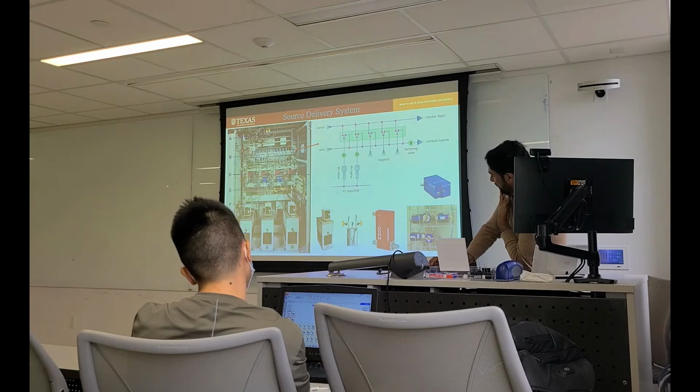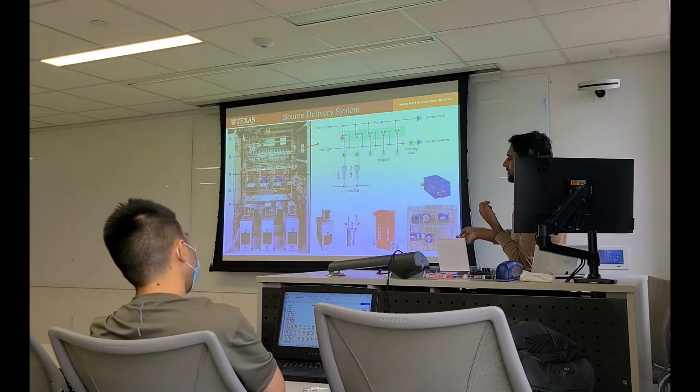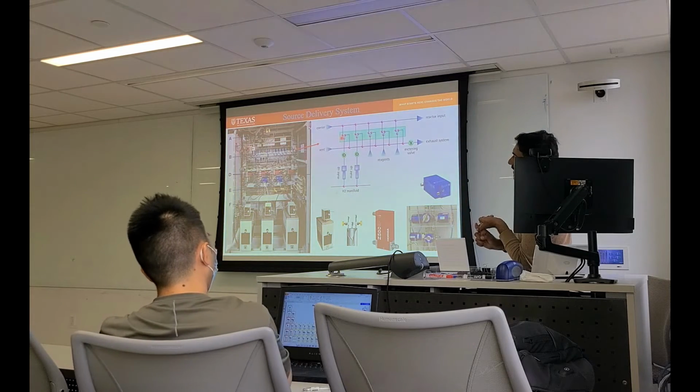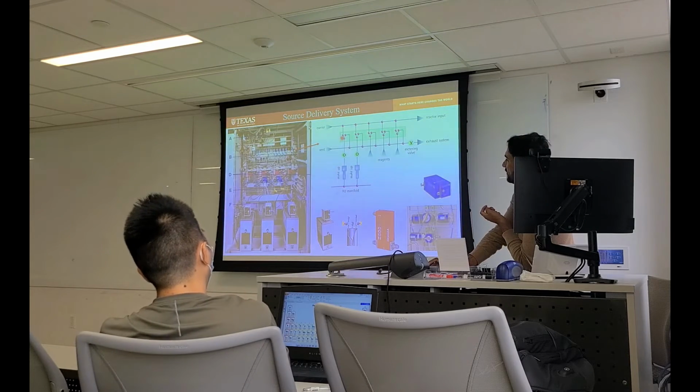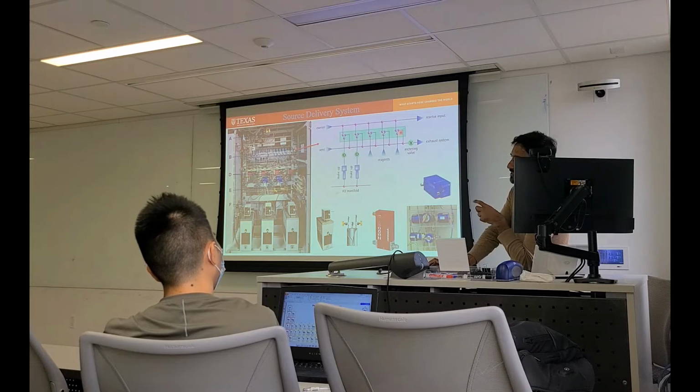Gas comes inside, carries the source, goes outside, and then moves either to the reactor side or to the exhaust, whatever we want. We control the flow of gas to the reactor or to the baseline, the exhaust, using these injection manifolds. These are kind of three-way valves. We can control them through the software.